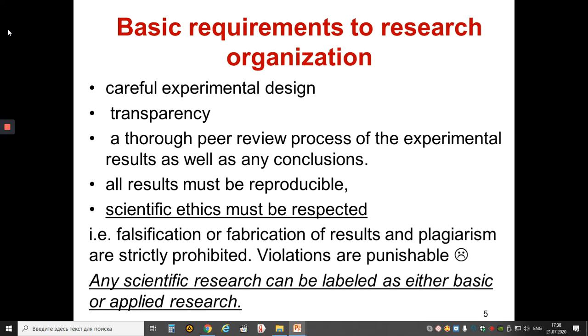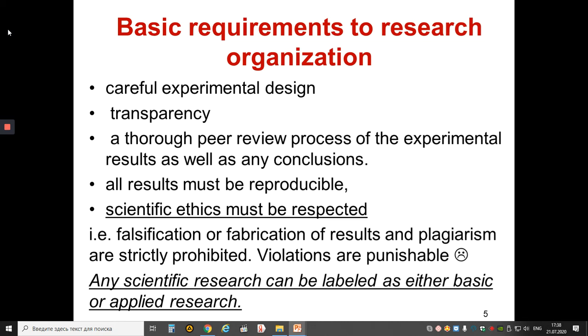So, let's talk about the basic requirements for research organization. While performing experiments to test hypotheses, scientists might have preferences for one outcome over another. And so, it is important to ensure that science as a whole can eliminate this bias.